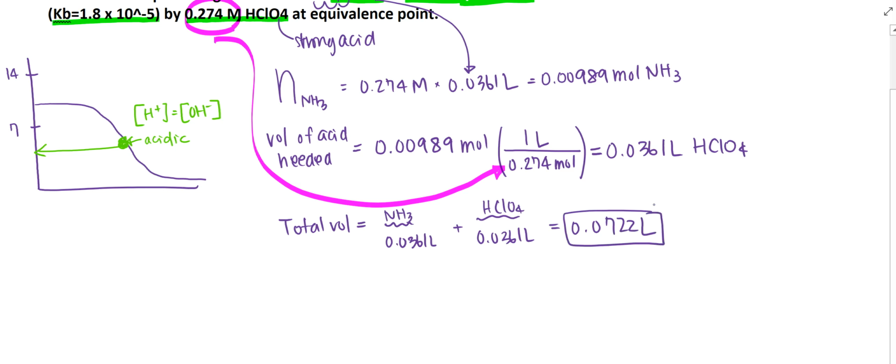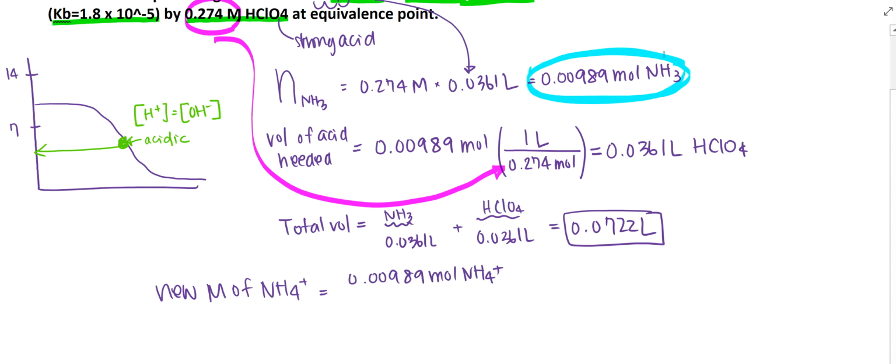The reason we need this is because I need to calculate the new molarity of the conjugate acid, which is NH4+, because the NH4+ conjugate acid will also contribute to the overall pH. So I am going to be using 0.00989 moles of NH4+, because all of my base up here consumed the acid to create ammonium.